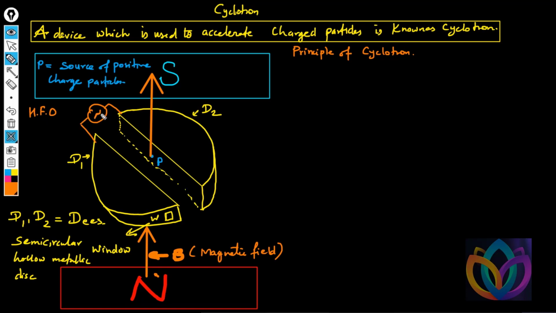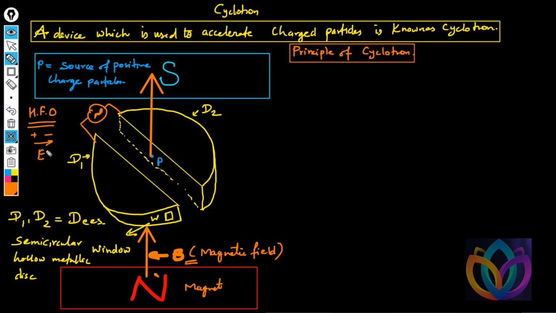It means the AC current will have a very high frequency. A high frequency oscillator will produce polarity, and polarity means there will be an electric field. And the magnets will produce a magnetic field. So in the principle, basically two things are involved.